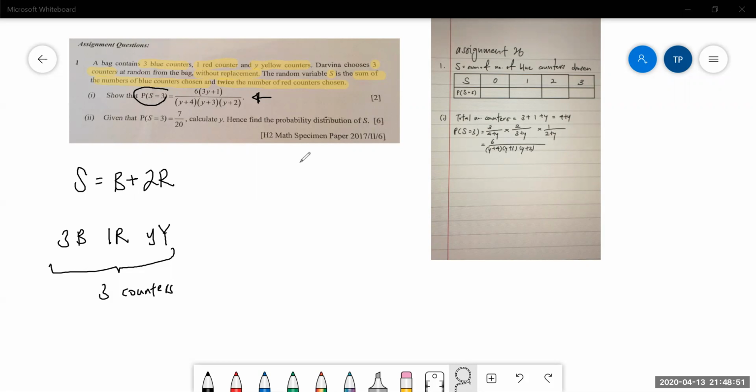To get S equals 3, we want the probability of S equals 3. It can be B equals 3, just 3 blue.